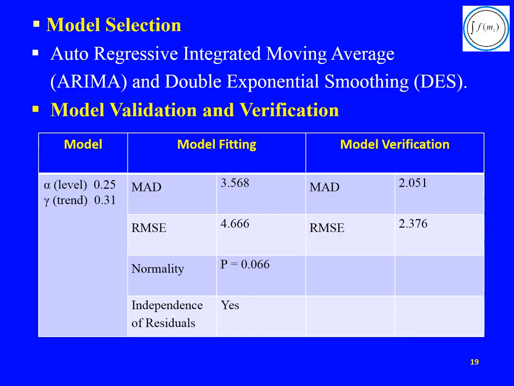Both errors are less than 5. It's very low. Then this double exponential smoothing model is suitable to capture, in other words to forecast, the number of infected COVID cases in Thailand.